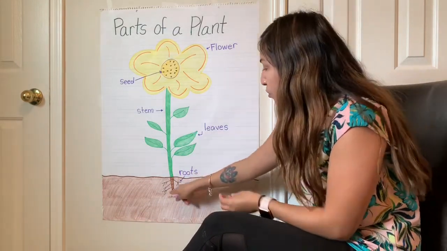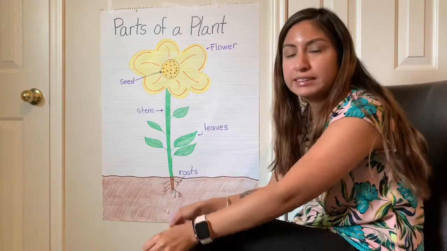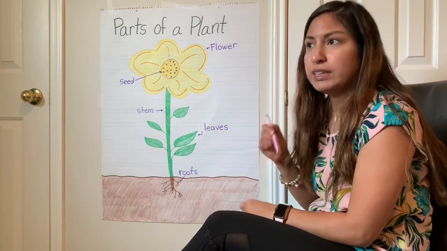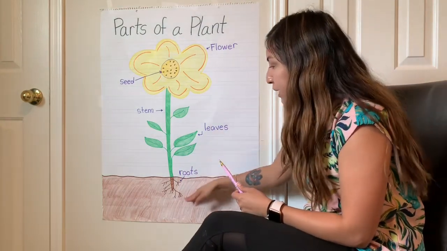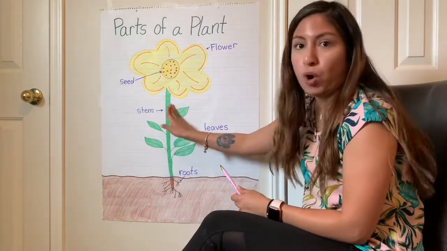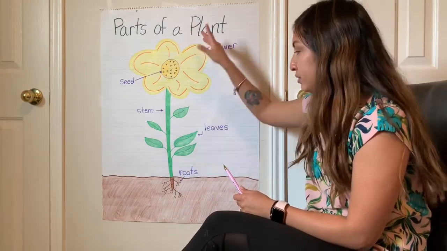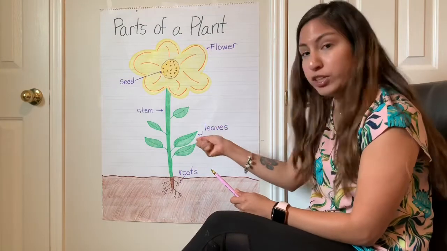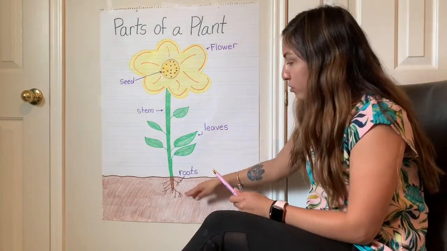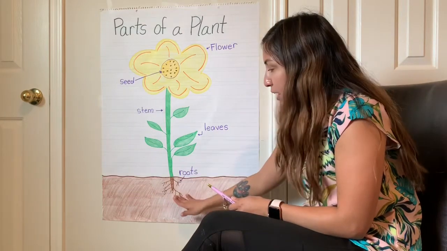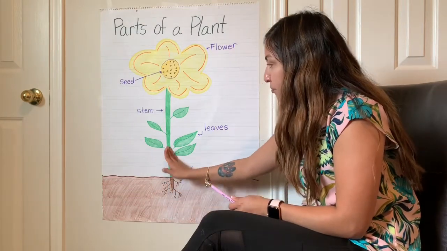And they hold the plant down in the ground real good. And the important part about the roots is that it's what helps the plant to get the water that it needs and the nutrients. So when it rains, or if you are watering your plants, the water will go into the ground and the roots will soak up that water and the roots will then take it up.